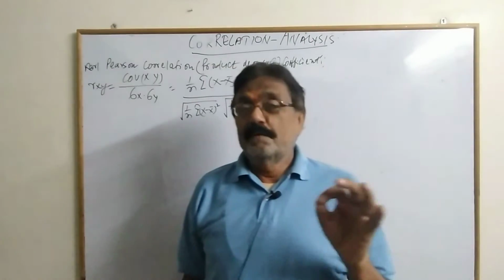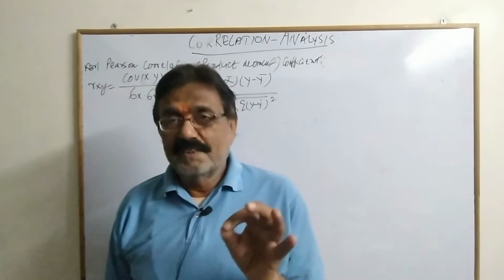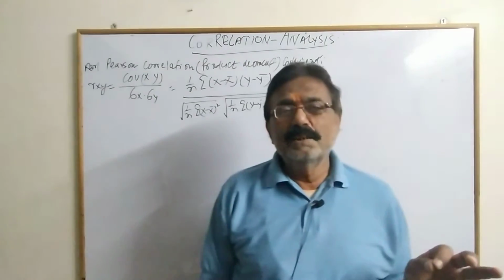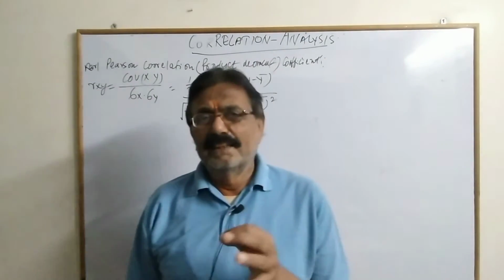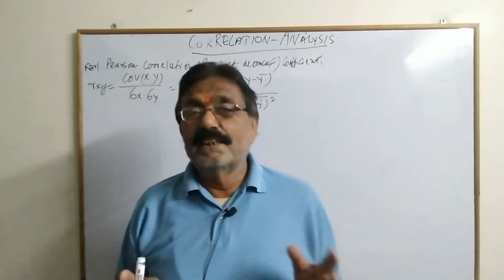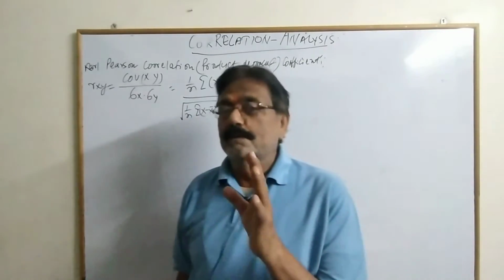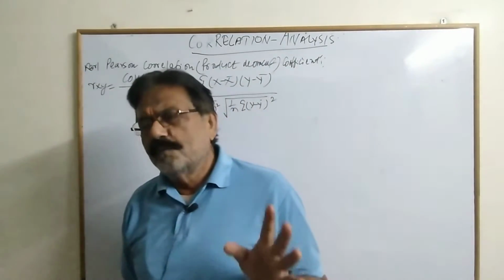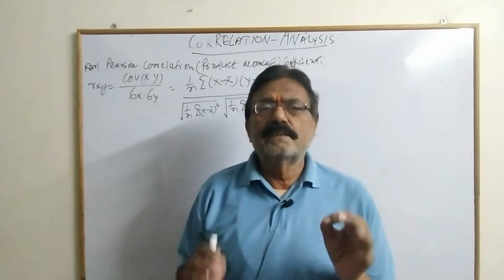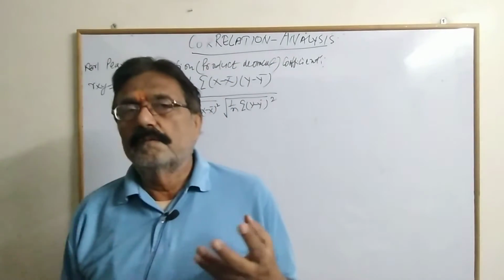If it is perfectly positive, then r must be equal to +1. If it is negative, then r is greater than -1 and less than 0. If it is perfectly negative, r is -1, and if there is no correlation, r is 0. So the scatter diagram only gives us a limit within which the correlation is likely to fall. It does not give us the exact measurement of the correlation.